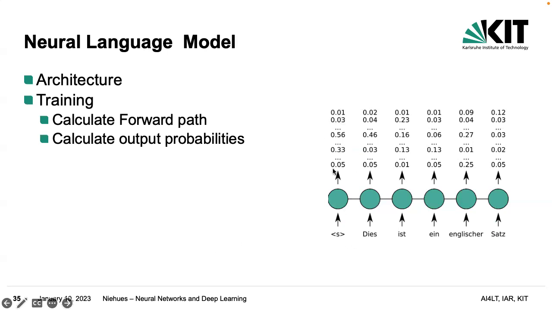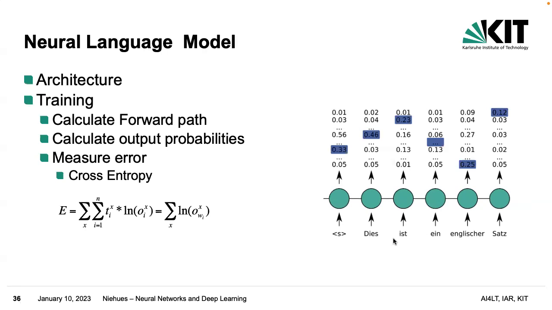We said the top layer is really the number of output vocabularies. So you have here the probabilities for what is the first word. These are the probabilities for what is the second word, given that the first word is this. These are the probabilities for what is the third word, given that the first words are this, is, and so on.